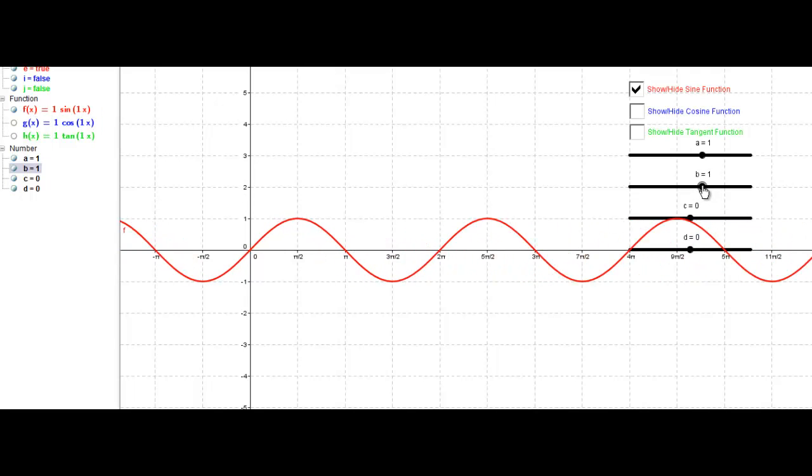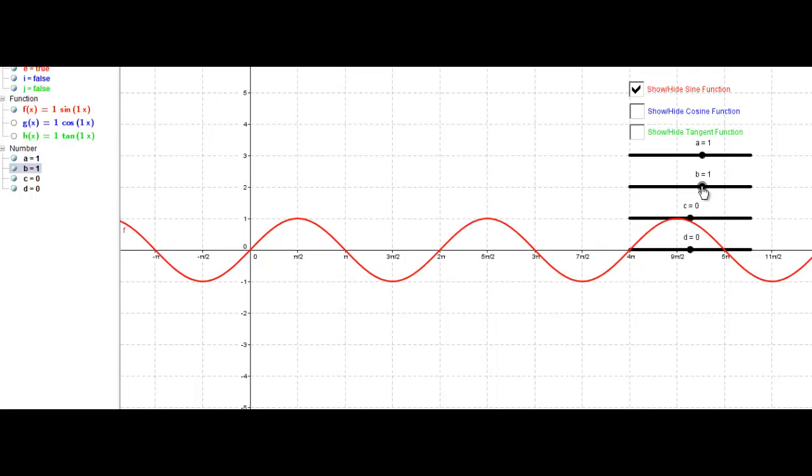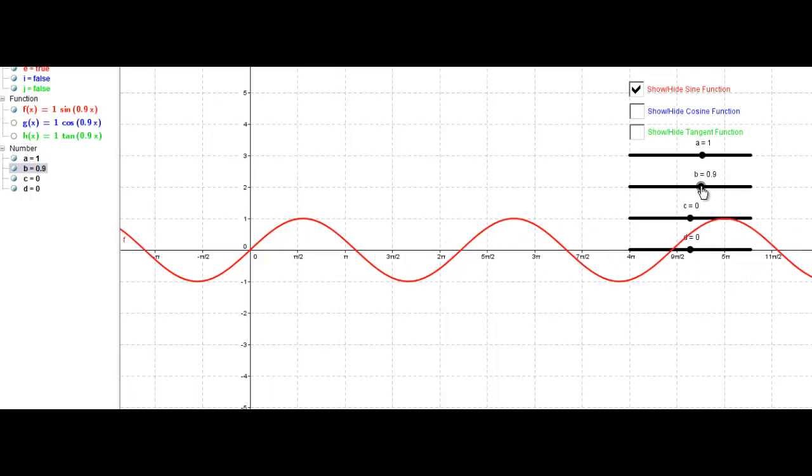Here's b equal to 1. When b is less than 1, but not negative, just a fraction, watch what happens to the length of the cycle. Here's b equal to 1. At 0.9, already you can see that one cycle is longer than 2 pi. It ends at a value longer than 2 pi.